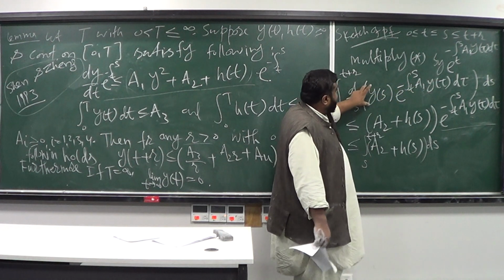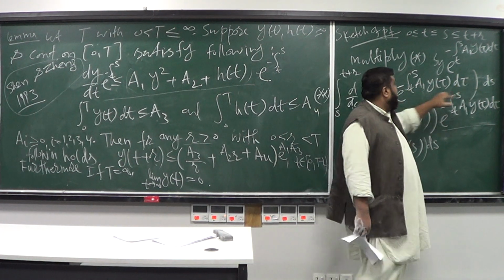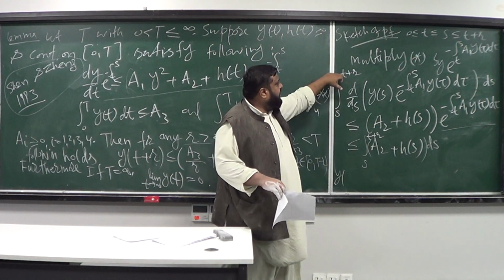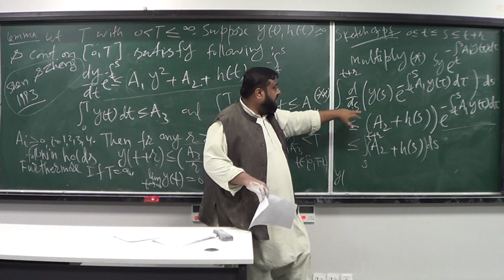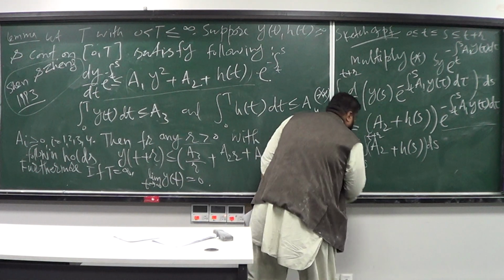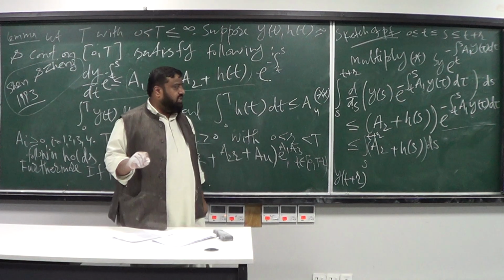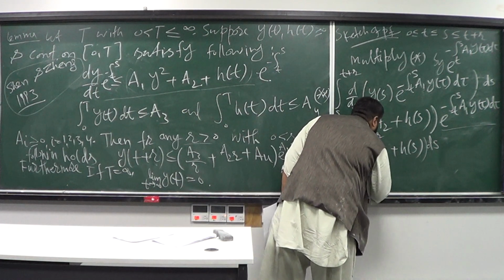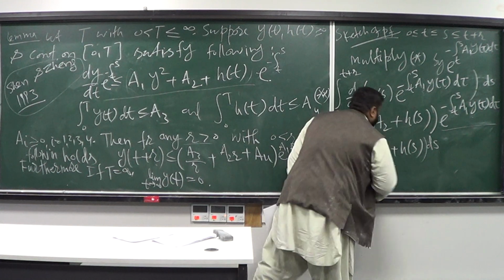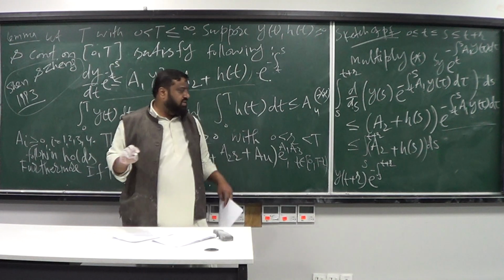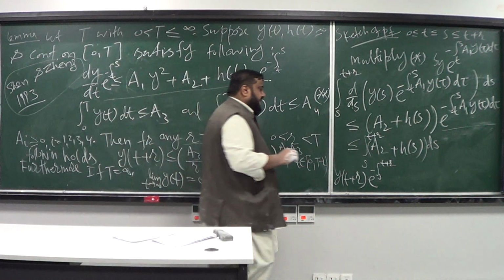Then you need to put the limits into the integrand. When you put the upper limit into this, you're going to get y of t plus r, and exponential from s to t plus r. I'm not writing the rest of the term, you have to assume it.